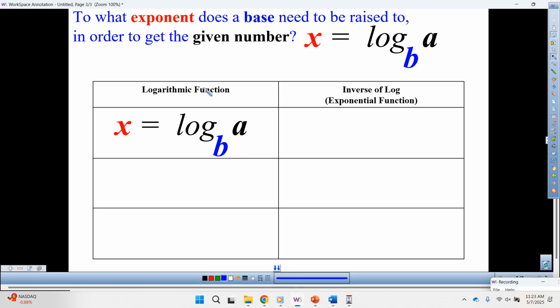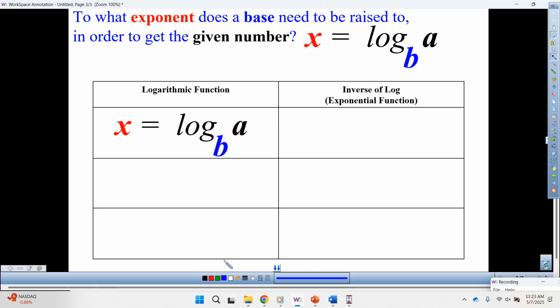I'm going to transform this log function into an exponential function. Everybody ready? Look up to the screen, writing utensils down.